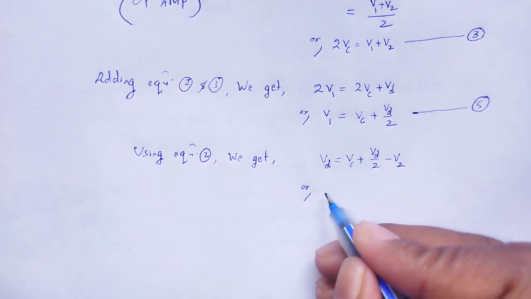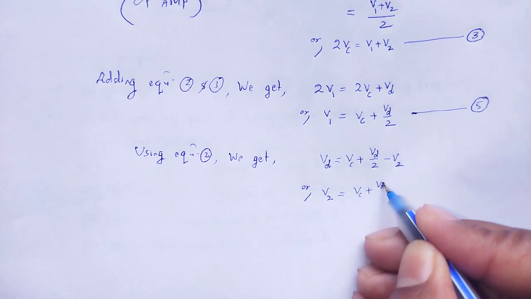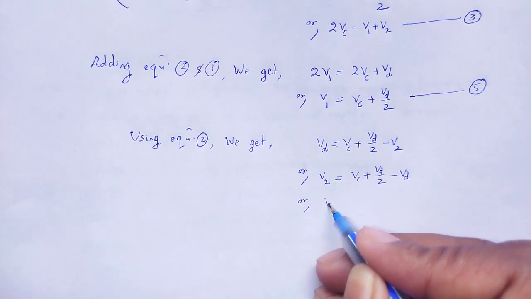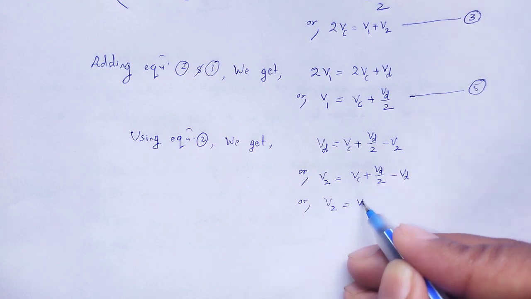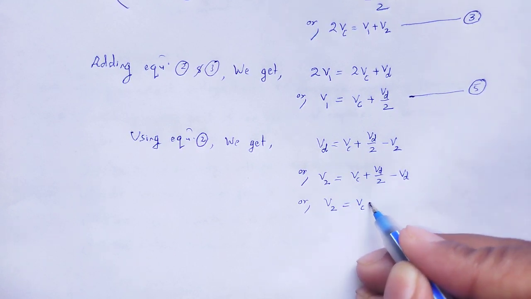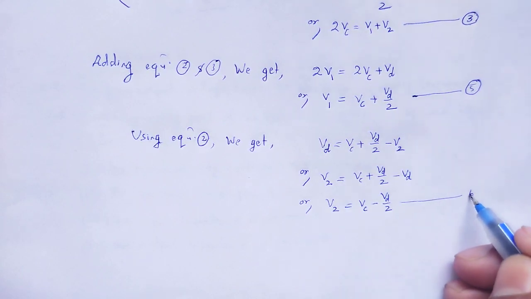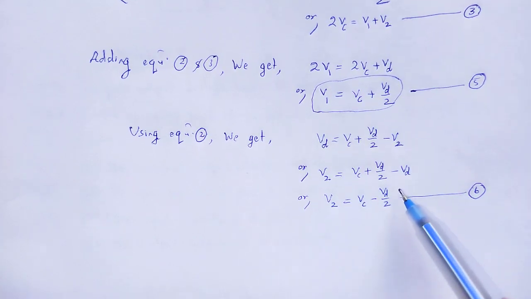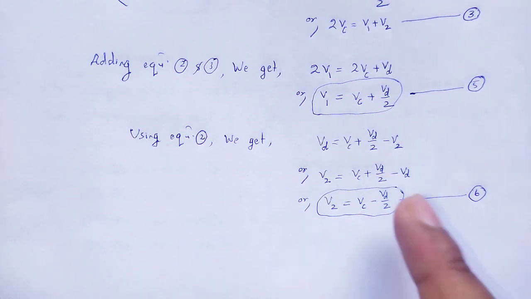Therefore V2 is equal to Vc plus Vd by 2 minus Vd, or V2 is equal to Vc minus Vd by 2, equation number 6. Here is the value of V1 and the value of V2 in terms of Vc and Vd.